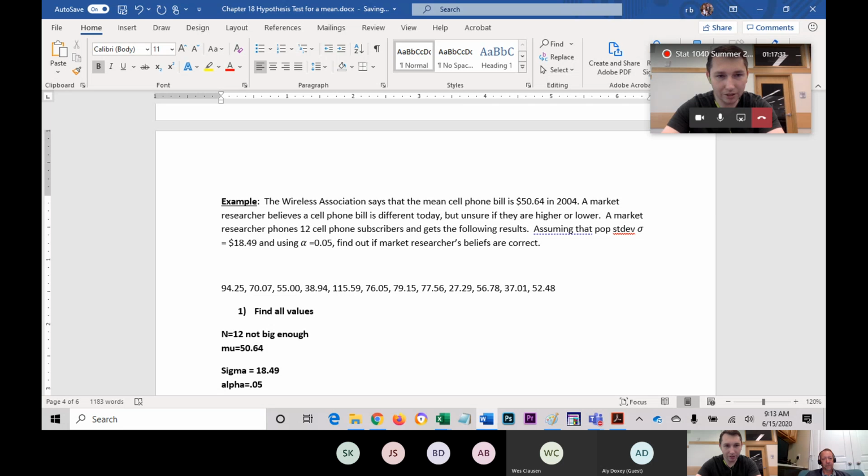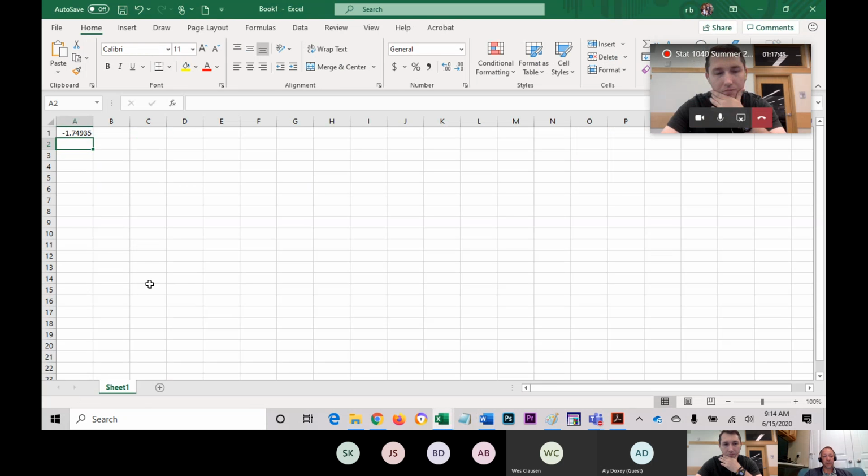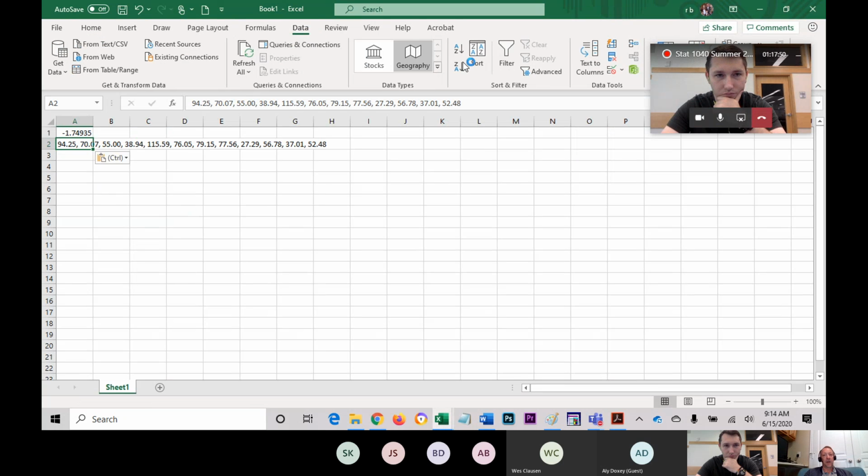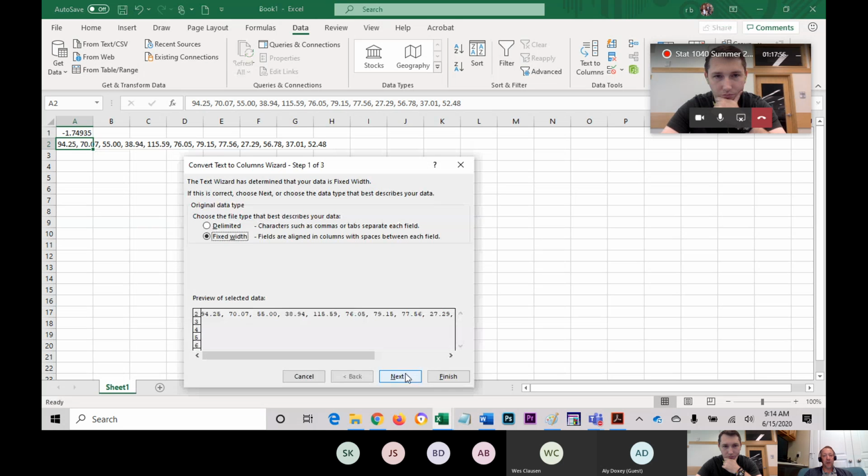Then don't you need to calculate x bar? We need to calculate it because we don't know what x bar is, but we can calculate it. So if you take this and stick it in Excel, because this is my favorite calculator, but I have to get rid of the commas.